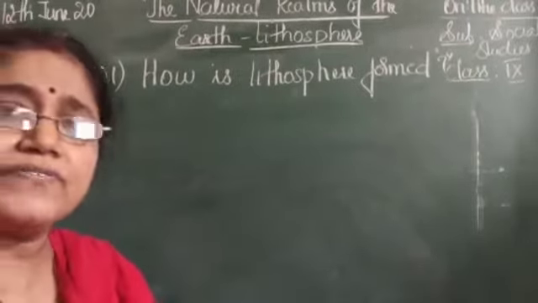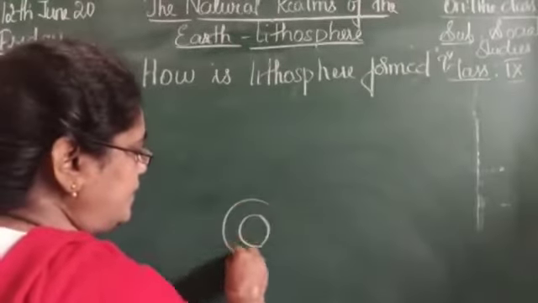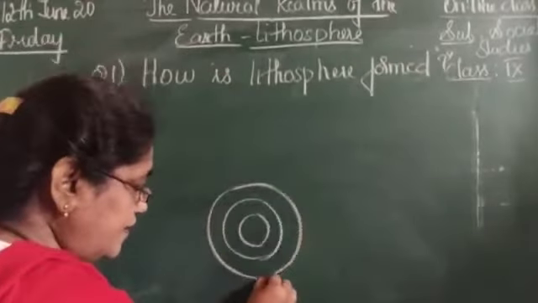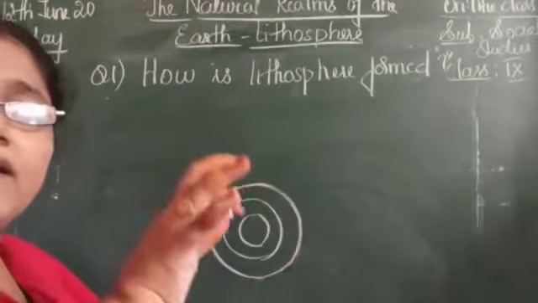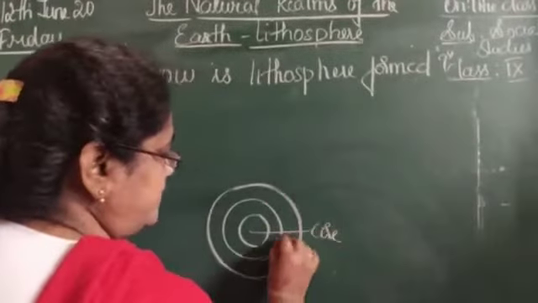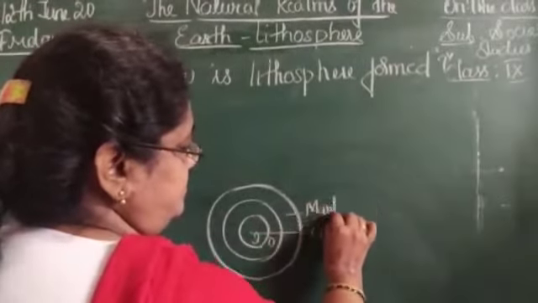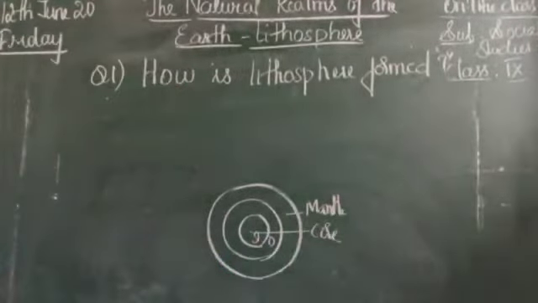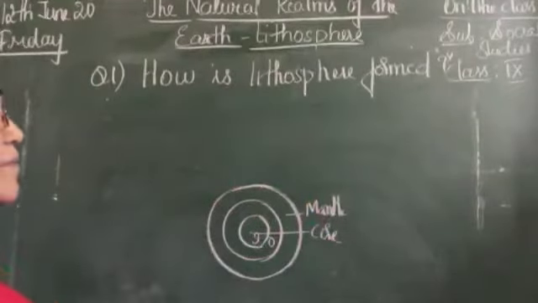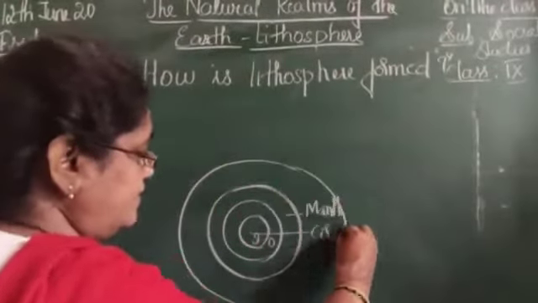In the process of cooling down, all the heavier particles and the liquid have gone deeper into the earth and formed the core, inner, outer and mantle. On this mantle, which is a semi-liquid type, you have a thin layer called crust.